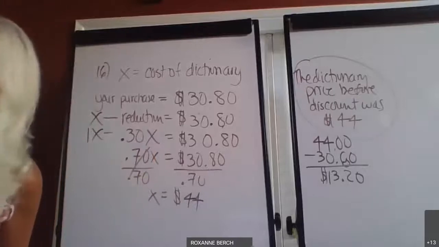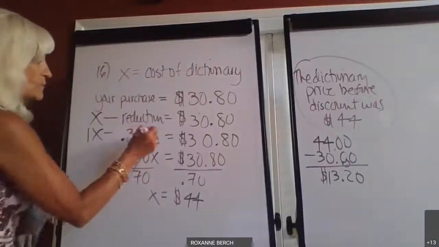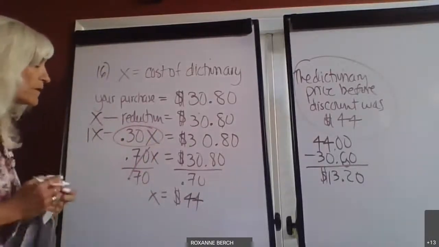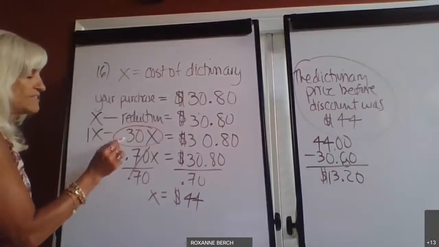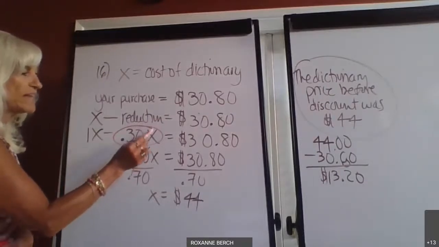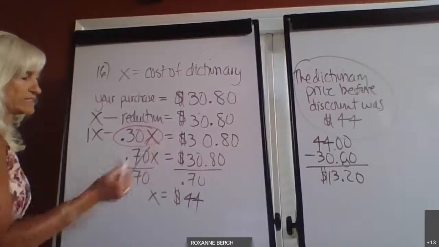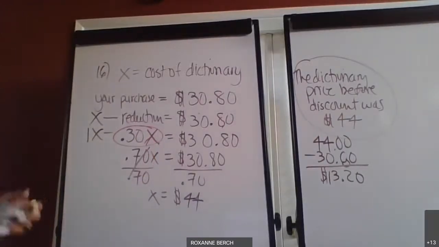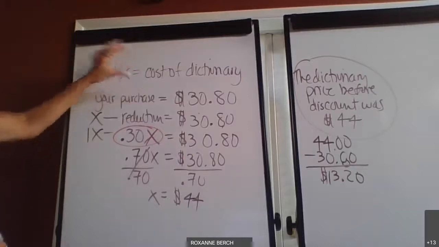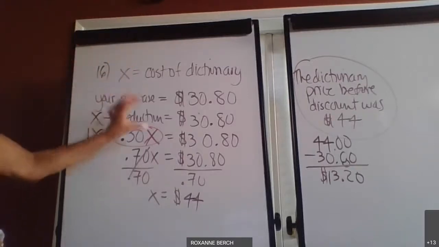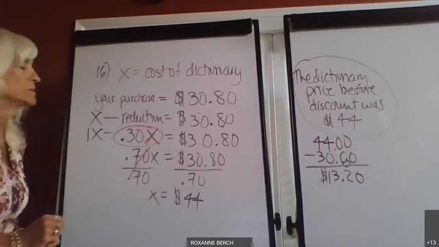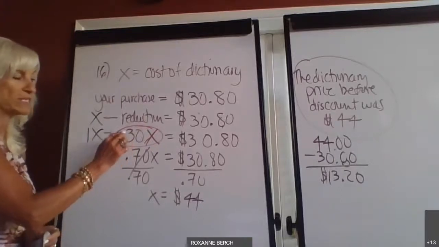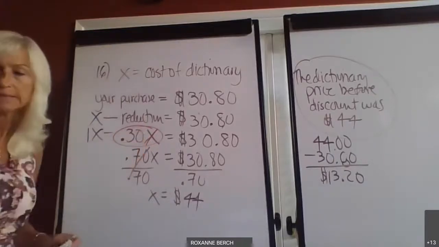This is the tricky part, and this is what I hope to clear up today. This is the amount of discount associated to a cost. So X would be the cost of the dictionary minus the discount. It's not just minus 30, it's minus 30X.